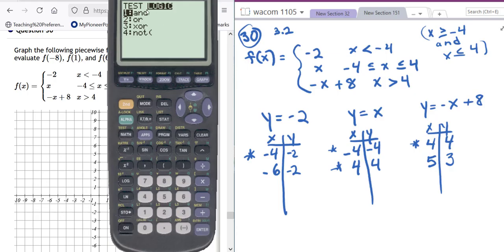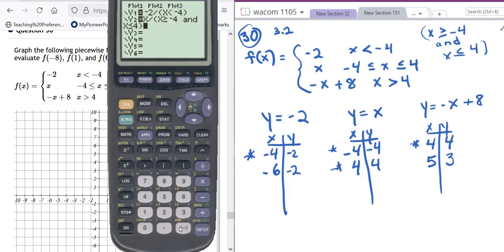Move over to logic and you want and. Right? Then we'll type the other one. So we're going to have x is less than or equal to, so you got to go back in the test menu, second math. Less than or equal to is choice number 6, 4, and we'll close.